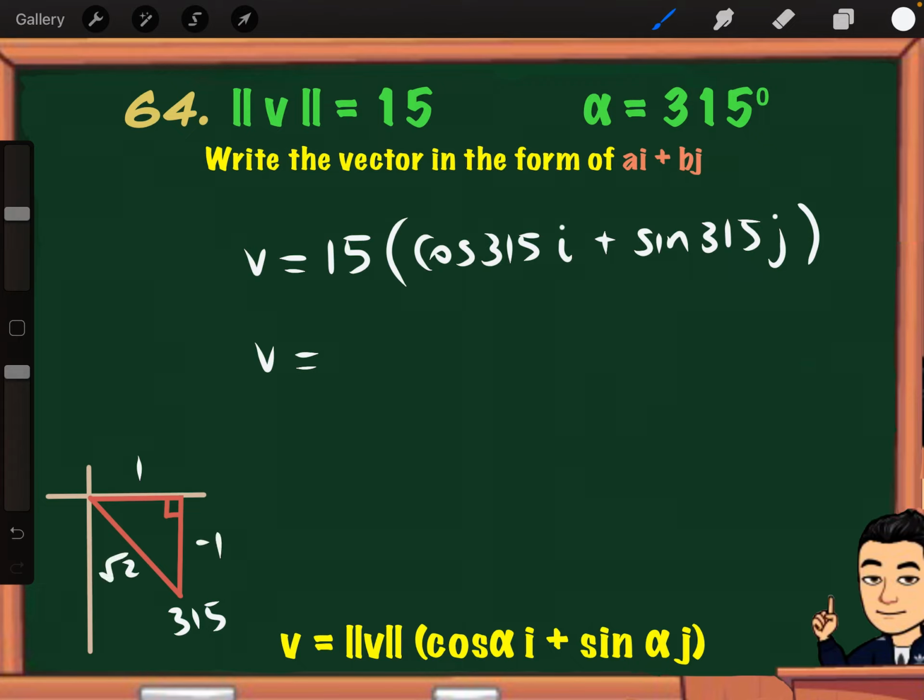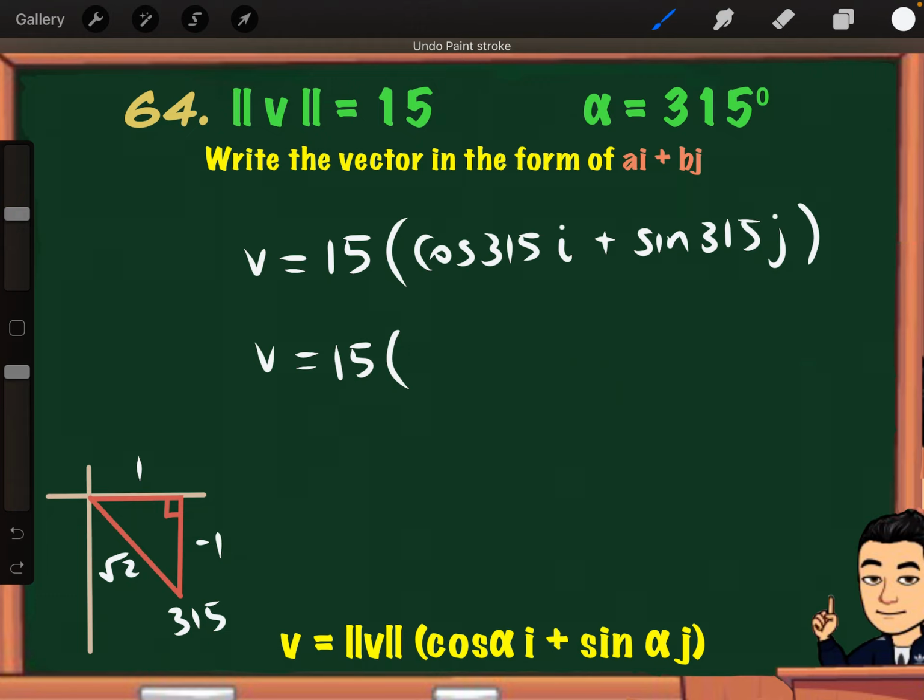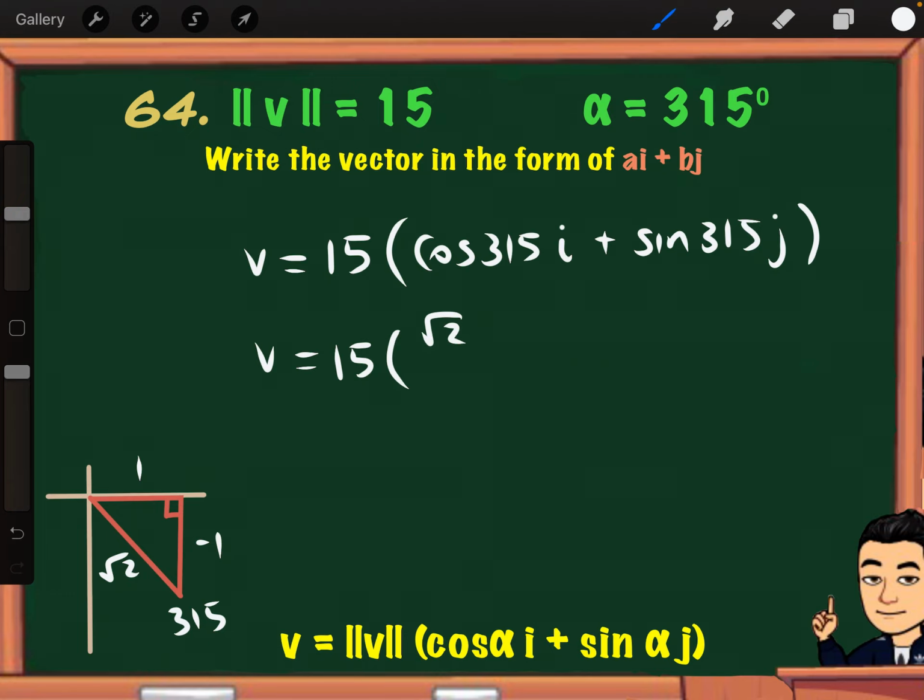Okay, so it's going to be very similar to the previous question I showed you. So it's going to be 15. Cosine 315 is actually going to be 1 over rad 2. But instead of writing that, I'm going to just go ahead and rationalize it. So I'm going to put rad 2 over 2 instead, i, plus, so the sine 315 is going to be -1 over rad 2.